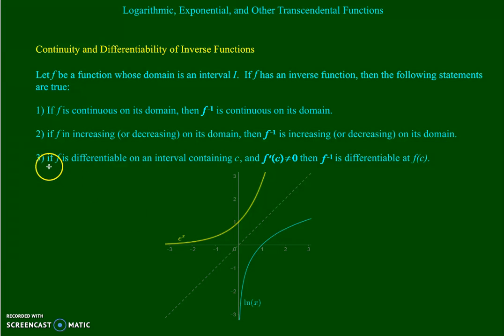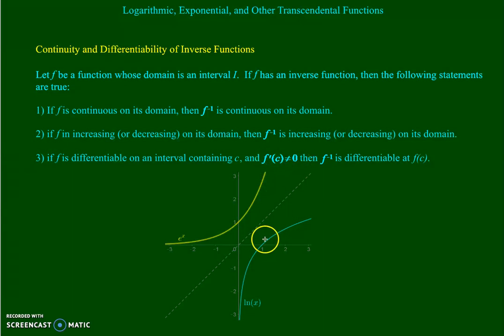So this third statement says if f is differentiable on an interval containing c, so this function is clearly differentiable, let's consider c to be 1. If f is differentiable on an interval containing c, and the derivative of f at c, f prime of c, is not equal to 0.